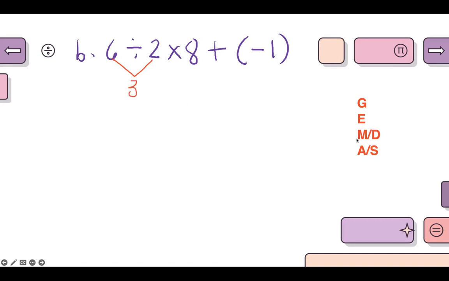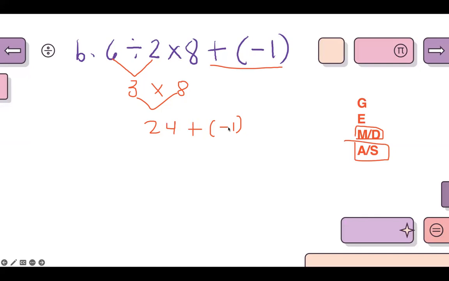After dividing, since we have multiplication, we multiply the number. So times 8. 3 times 8 now is 24. Then just simply rewrite or copy the remaining operation and number, which is plus negative 1. Okay, so the last operation now is addition, as you can see here on our equation.